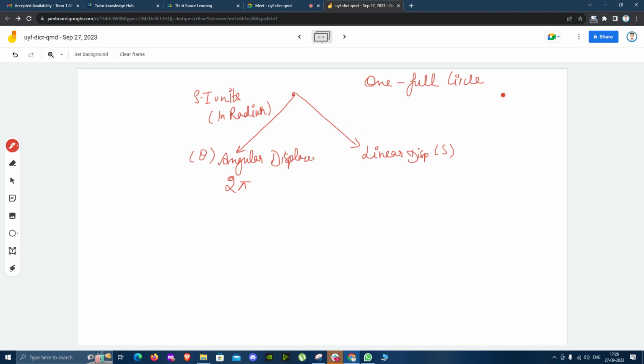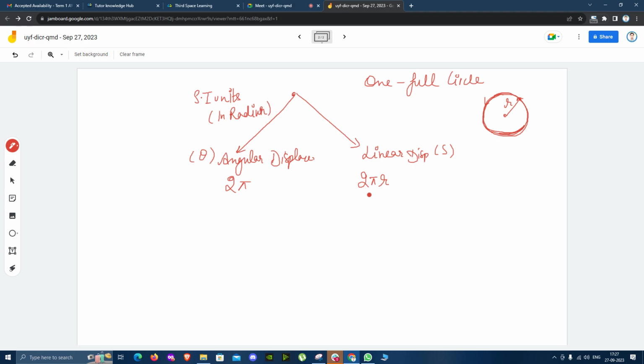However, for one full circle, the linear distance covered will be 2 pi r, where r is the radius. 2 pi r will be the linear displacement just before meeting up with the initial point.